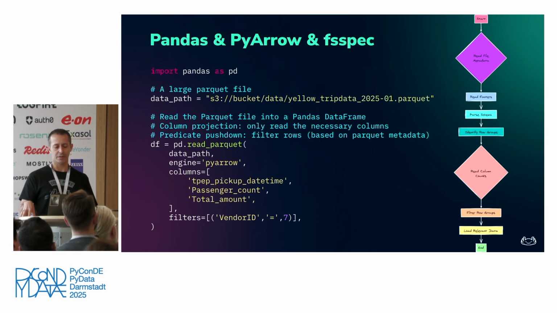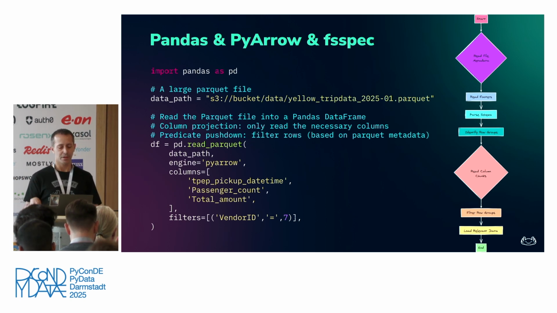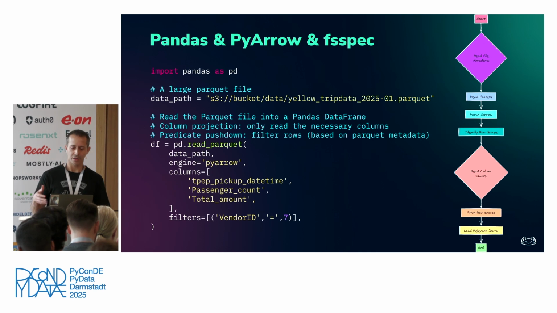PyArrow will take the metadata first and fetch only this part. In this example, we are filtering data on the vendor ID, and we are asking for specific columns. It will figure out which row groups it needs to fetch, and it will access them using fsspec and download only them. This results in big memory and performance savings in cases where you are not reading the complete data when working with your data sets.